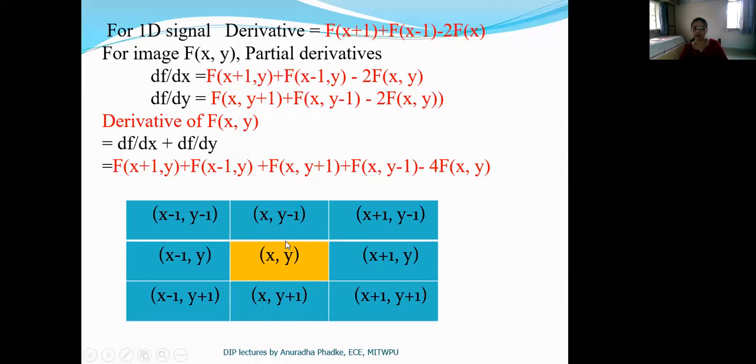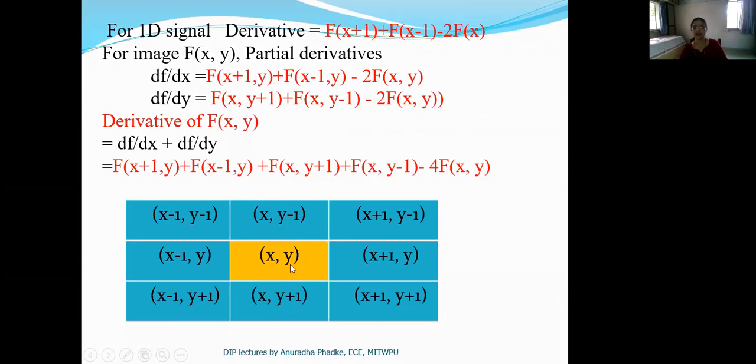Okay, so when we consider vertical direction, the partial derivative of the image with respect to y is given by this equation. In this equation, x is constant because the column number is constant. Here we have to consider two pixels from the same column which are neighbors of xy.